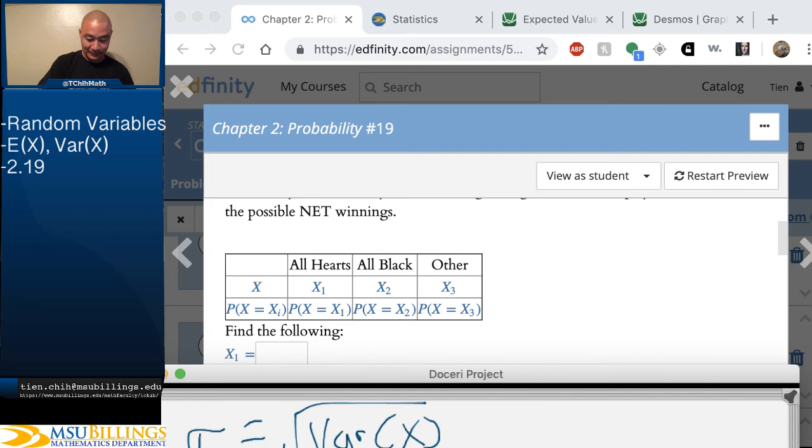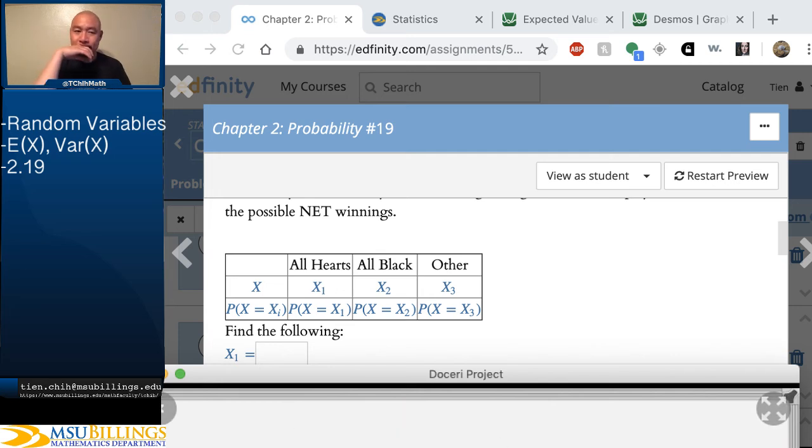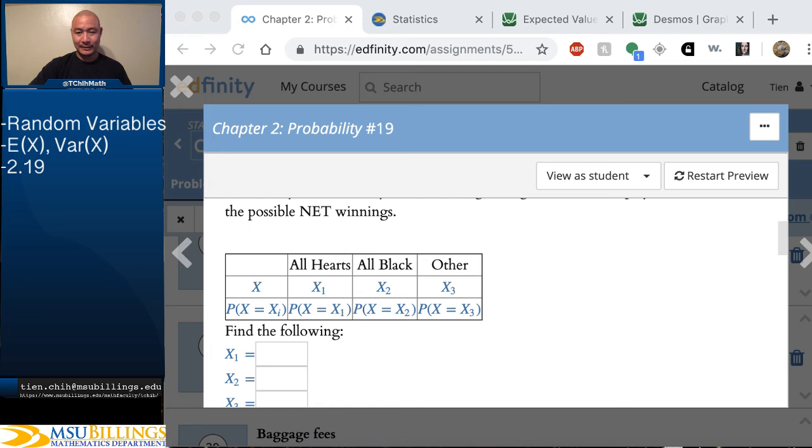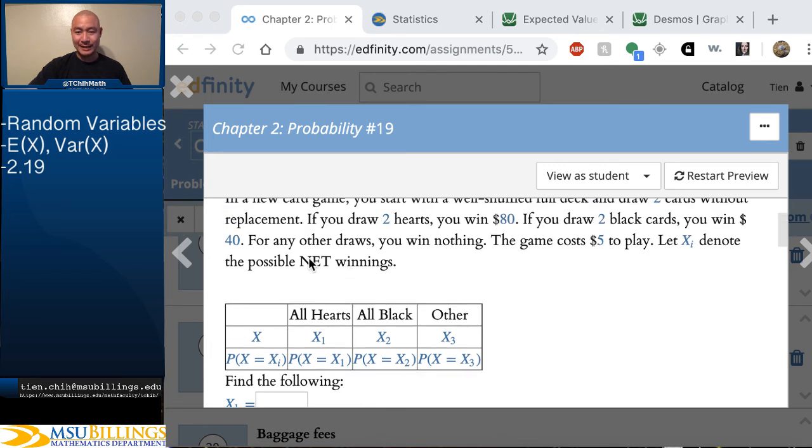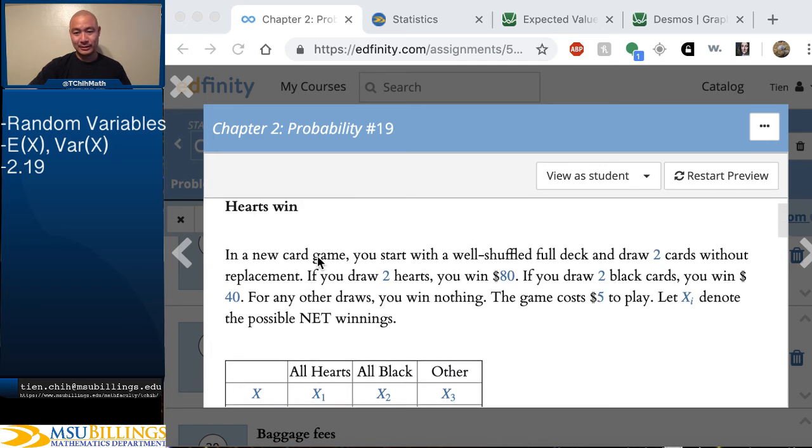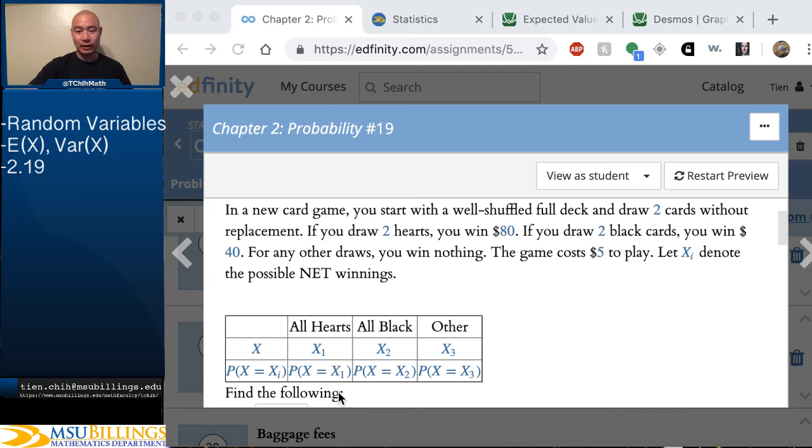The first thing I'm going to do here is ask, what are the possible xi here? What are the possible winnings? And remember, these are net winnings. So let's start with all hearts.